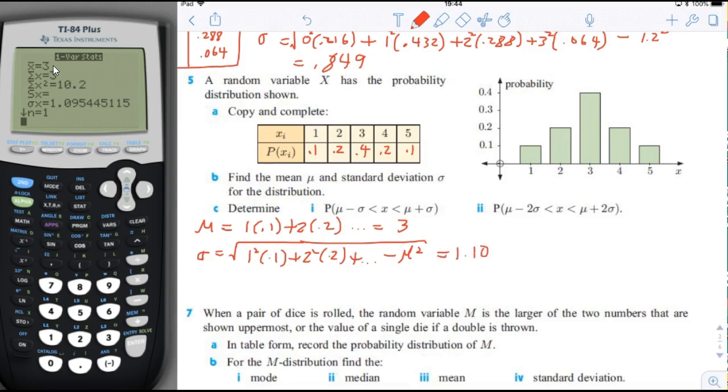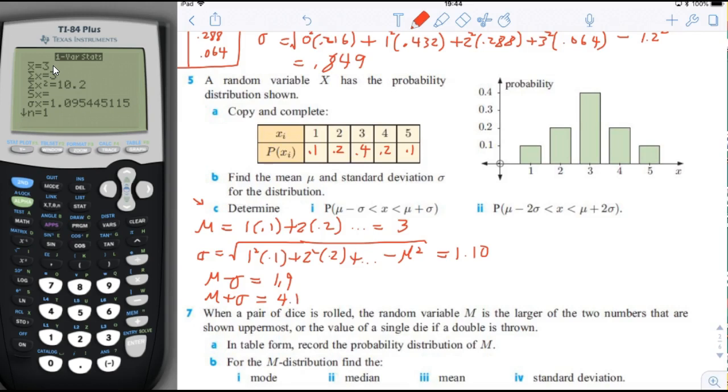Okay? Alright, C. Determine the probability that x is between mu minus sigma and mu plus sigma. Well, let's find out what mu minus sigma and mu plus sigma are. Mu minus sigma is equal to 1.9, right? It's 3 minus 1.1. Mu plus sigma is 4.1.